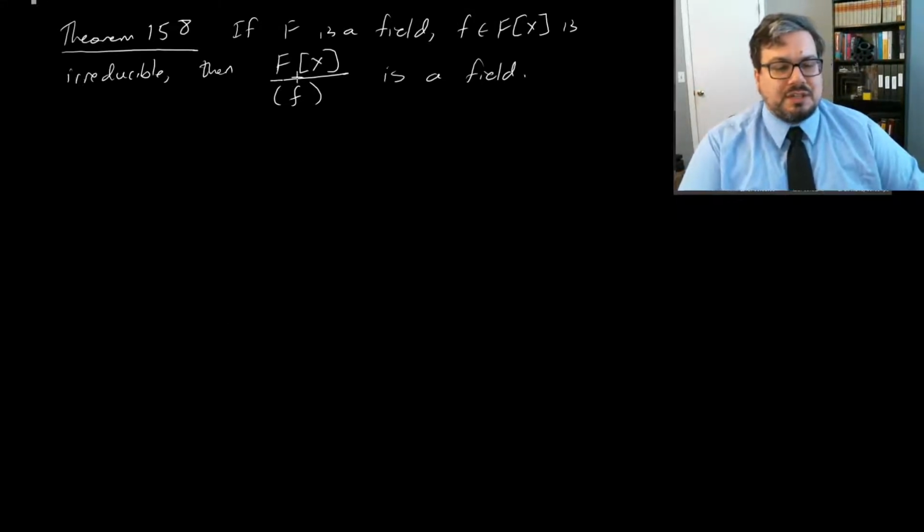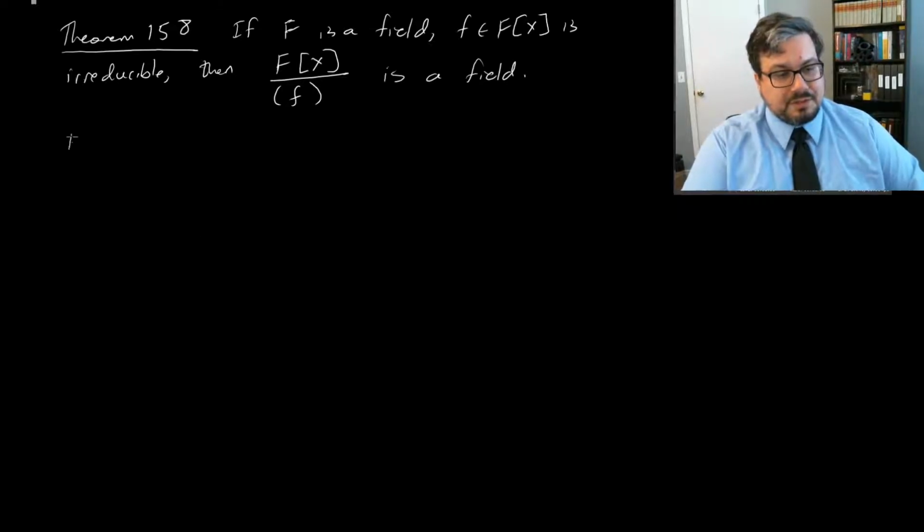So the quotient of a polynomial ring over a field by the ideal generated by any irreducible element is itself a field. Let's prove this.